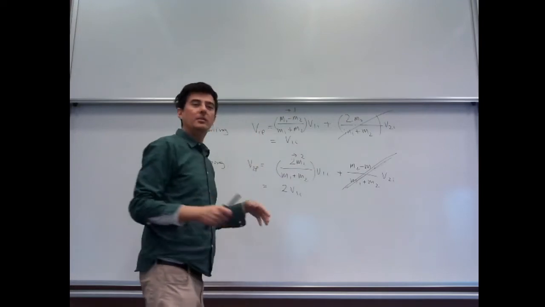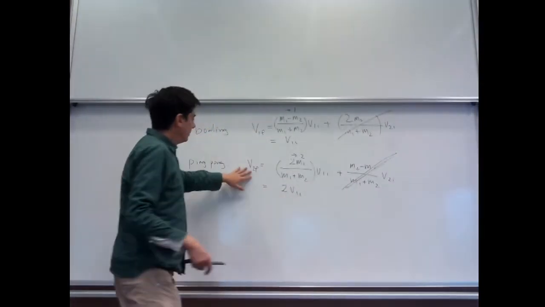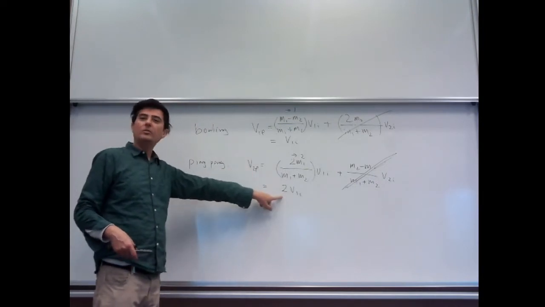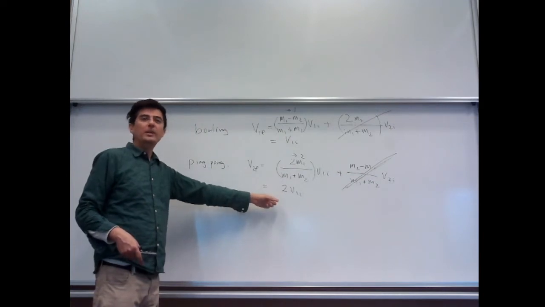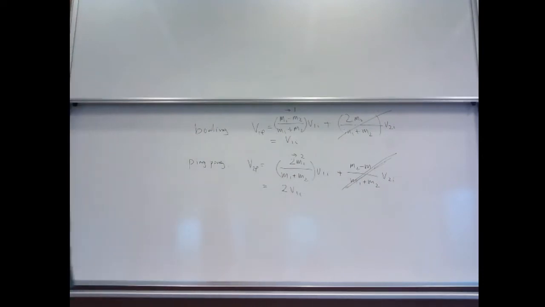That kind of makes sense, you've got this giant bowling ball, there's a ping pong ball, it doesn't even feel it, it just keeps on going, right? But this is interesting. The final velocity of the ping pong ball is actually twice the initial velocity of the bowling ball. So to me, that's not really necessarily intuitive.